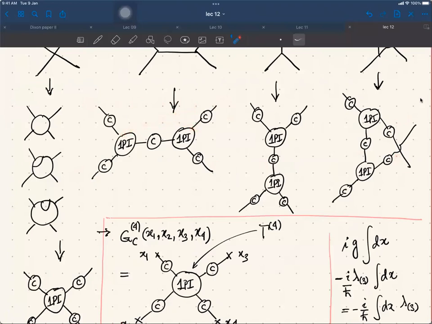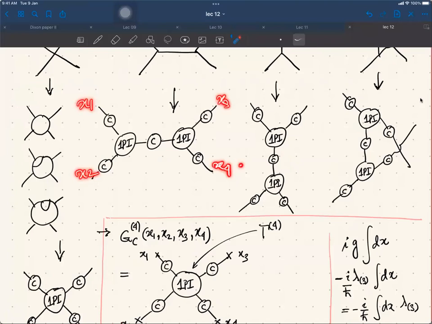And if you interchange between x1 and x4, then you get this other channel. So this is x1, x2, x3, and x4.